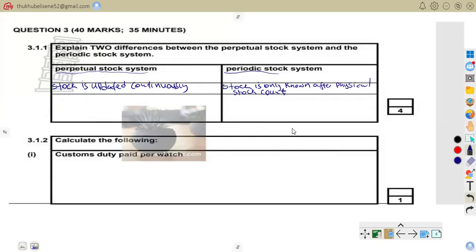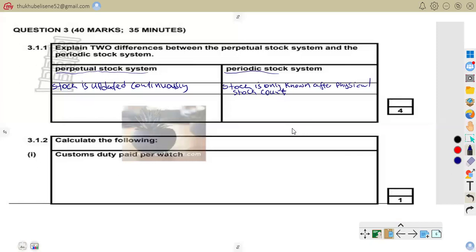So that is the difference. As you have said, with perpetual, the stock is updated continuously, so after every purchase you always know how much you have. Stock on hand is available at all times electronically. But with periodic, stock is only known after a physical stock count, so stock on hand is available through a physical stock take.